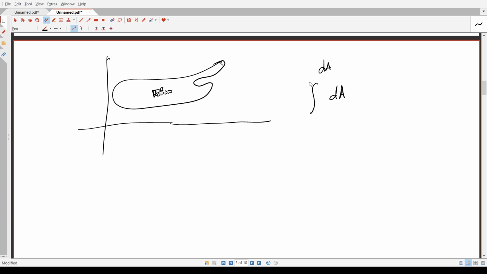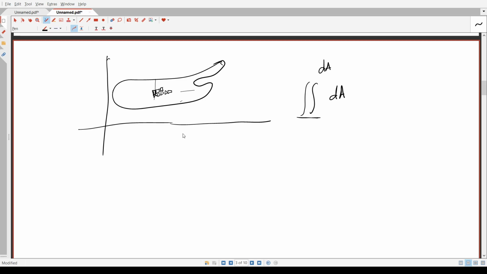It's a double integral, 2D, so I'm adding in two directions: I add them up in the x direction and in the y direction. I'm integrating an infinitely small area over my region, and we'll talk about the bounds in a second. If I just integrate this, it's going to give me the area bounded by this curve.